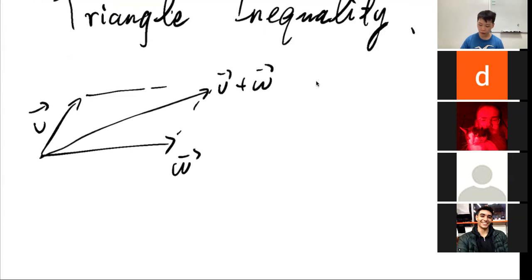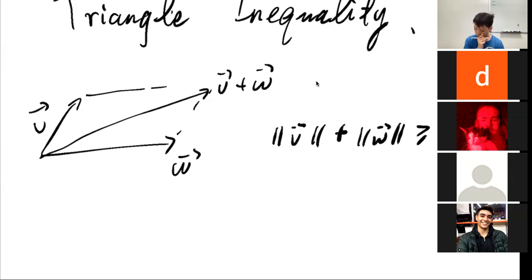When you compare the lengths of v, w, and v plus w, the sum of the length of v and the length of w is always greater than or equal to the length of v plus w. You can see that from the picture here, right? This is the parallelogram formed by vector v and vector w, and the sum is the diagonal vector.